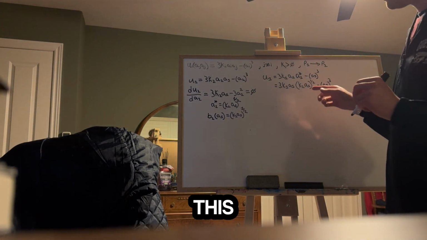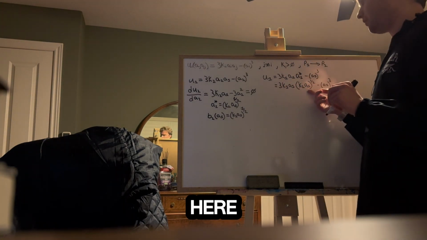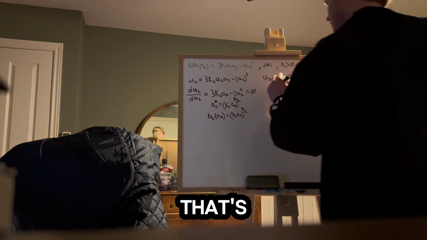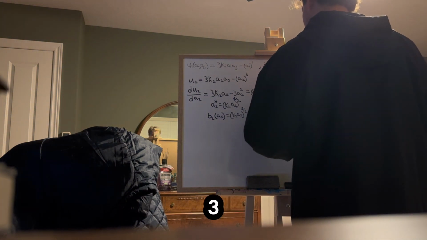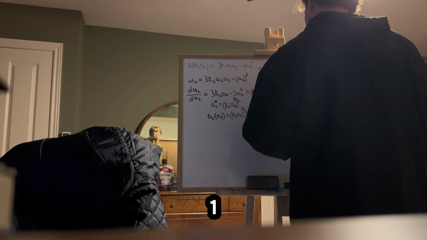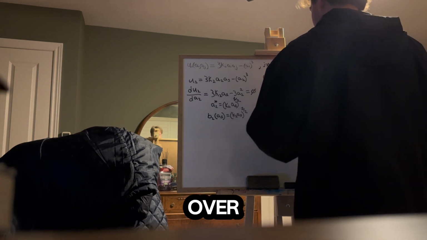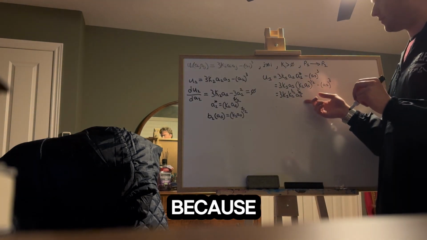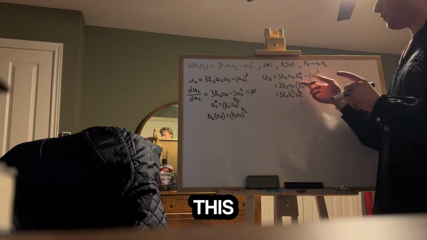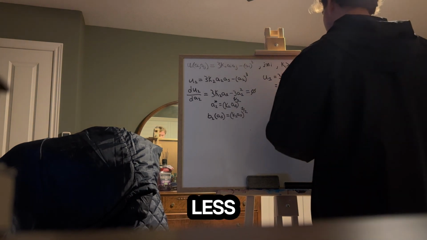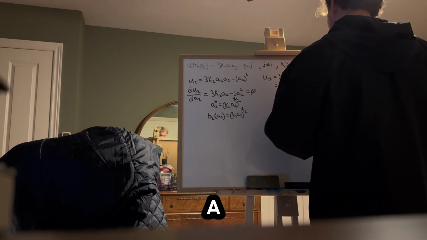And we can simplify this because we've got an A1 here, we've got an A1 there. So that's like saying 3k1 k2 to the power of 1/2, then a1 to the power of 3 over 2, because this is like 2 over 2, it's a full one, less a1 cubed.